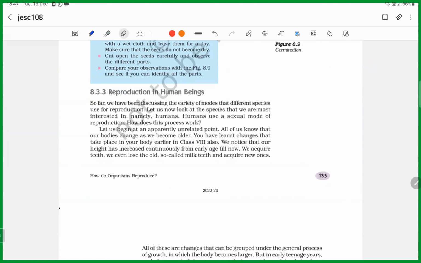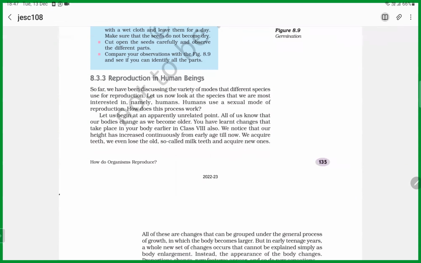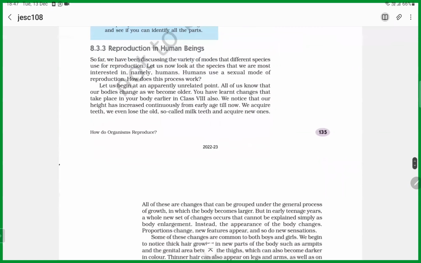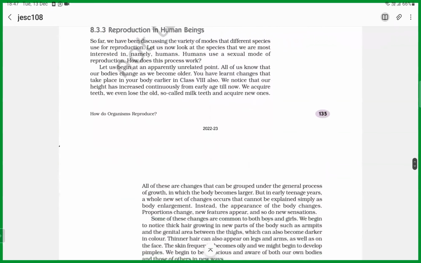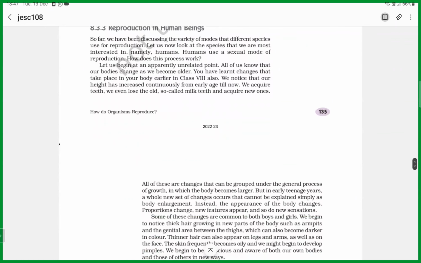In plants you have unisexual and bisexual, but in humans, are we unisexual or bisexual organisms? Unisexual.